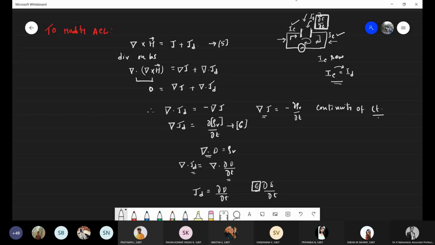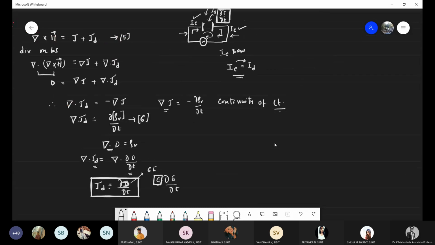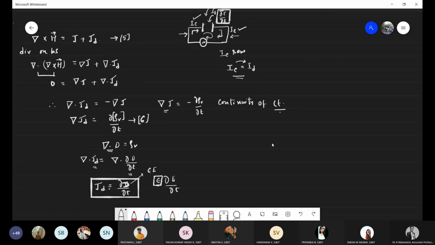What is this current density now? It is nothing but the rate of change of displacement in electric field. D is epsilon E, the electric flux density. So JD is equal to dou D by dou t. Now substitute this into equation 5, and it is my modified Ampere circuital law equation.